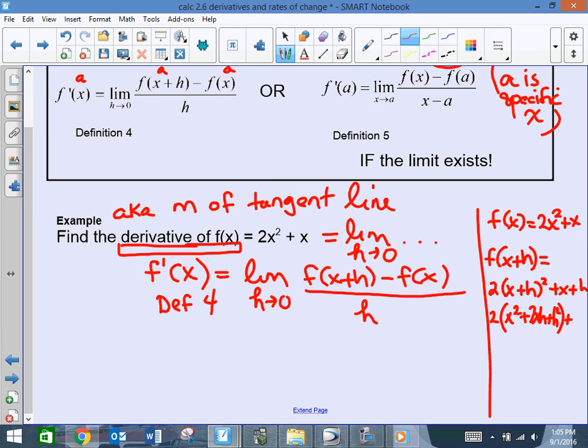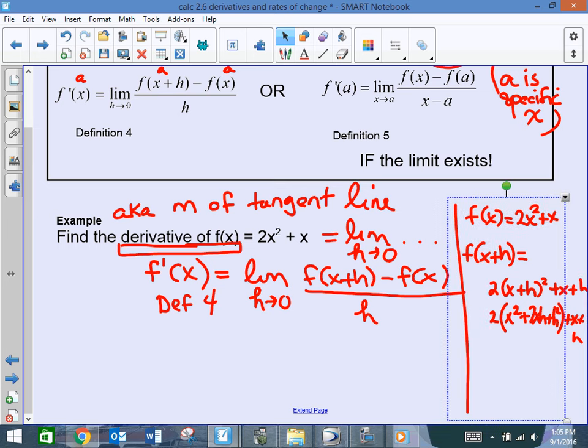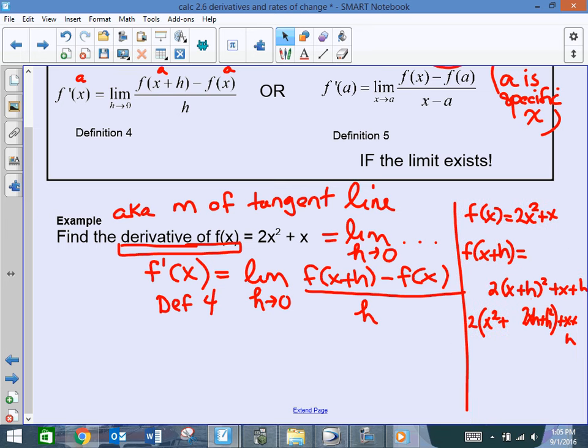Plus x plus h. Again, that would be one of those things that would be helpful if you could do that quickly. 2xh plus h squared plus x plus h. It's all connected. And let's say plus 2h plus h squared. Plus x plus h.